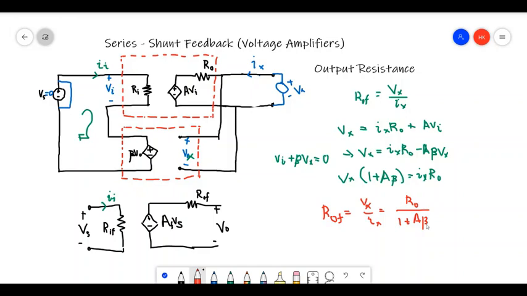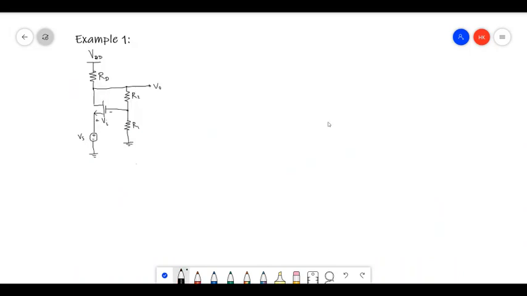This is also a desirable result in a voltage amplifier. The lesser output resistance gives the amplifier the ability to give a much higher output current, so that the output voltage waveform will not distort, right? So this is the output resistance expression.